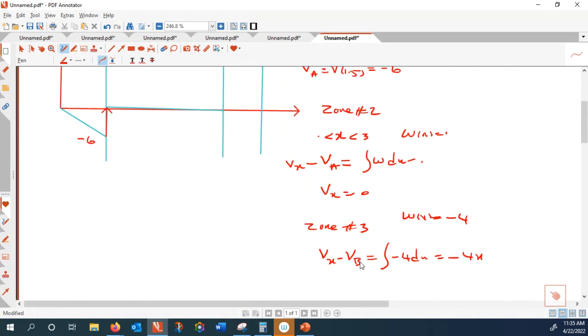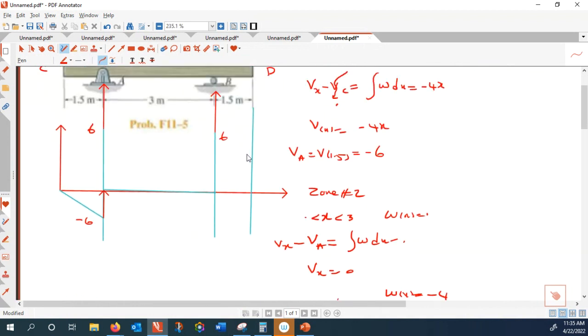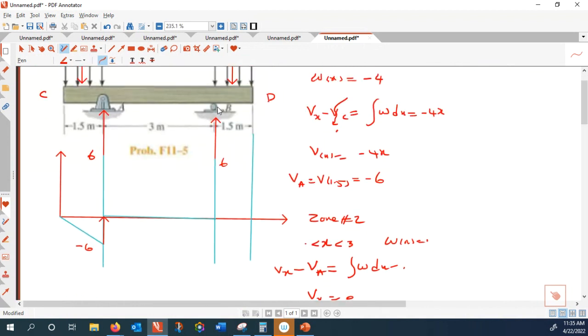When I say V of B, because there is a discontinuity, do you have to take B before, at, or after? There are three adjacent points. One B belongs to zone 2, one B belongs to zone 3. So this is not continuous because you have a point load between.